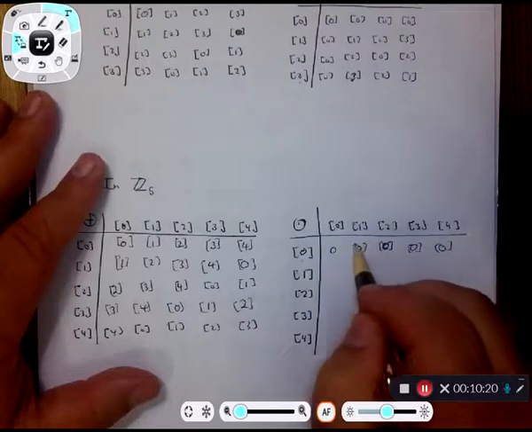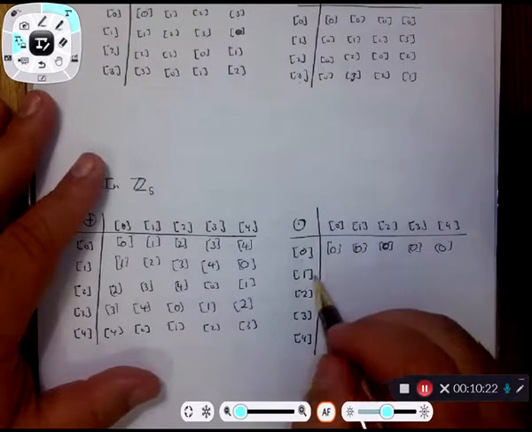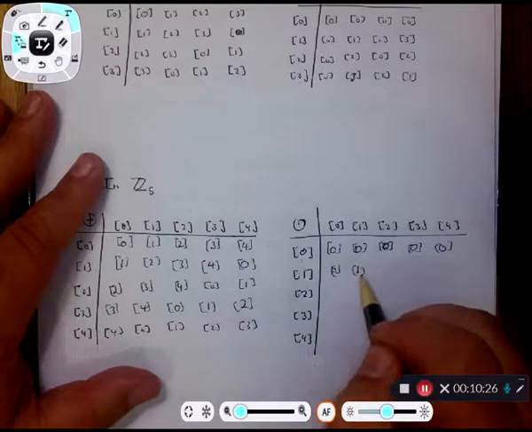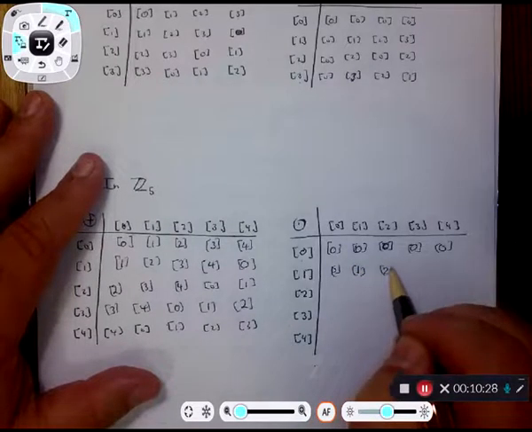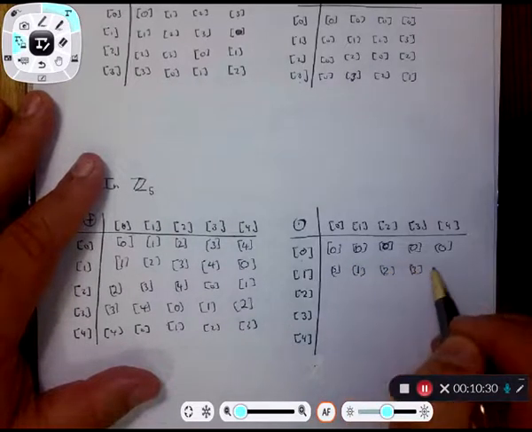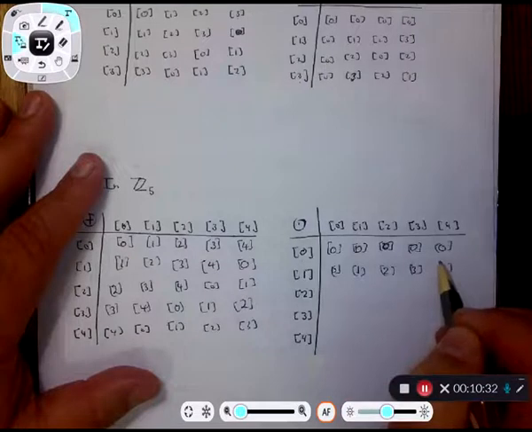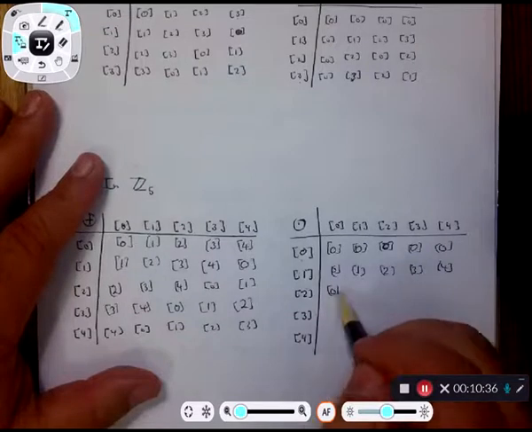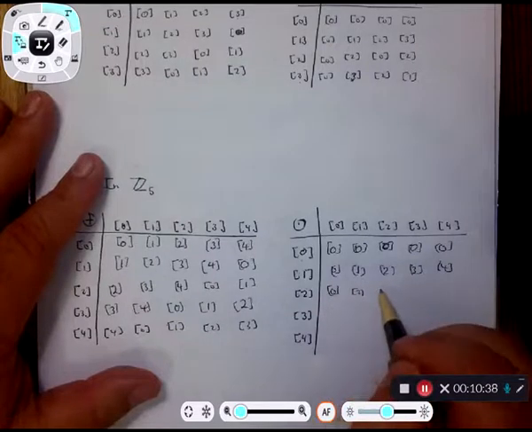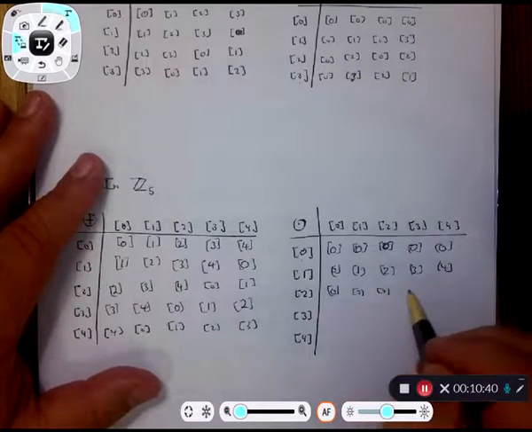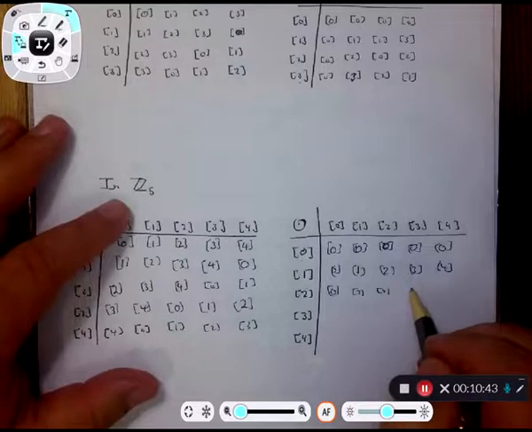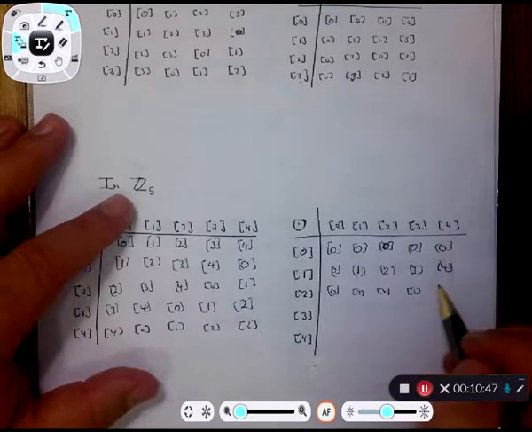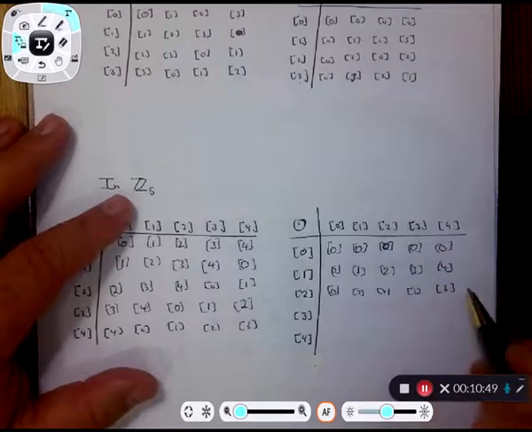And these are equivalence classes. 1 times 0 is 0, 1 times 1 is 1, 1 times 2 is 2, 1 times 3 is 3, 1 times 4 is 4. 2 times 0 is 0, 2 times 1 is 2, 2 times 2 is 4, 2 times 3 is 6, but we're in Z5, so that's equivalent to 1, and 2 times 4 is 8, and in Z5 that's equivalent to 3.